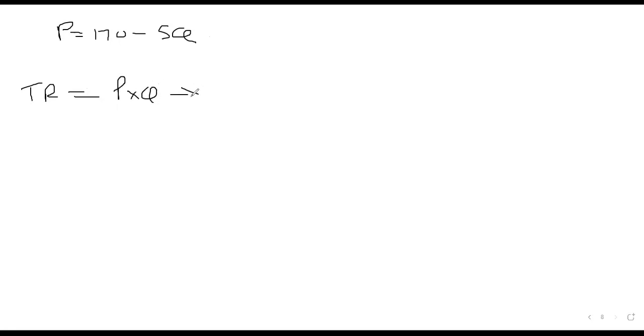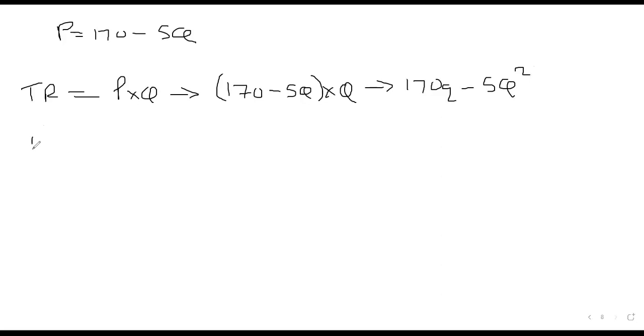What was our price? So our price is 170 minus 5q. And the quantity we're not given, so we impute it. Quantity we don't have the q. So what are we going to get? 170q minus 5q squared. Excellent.